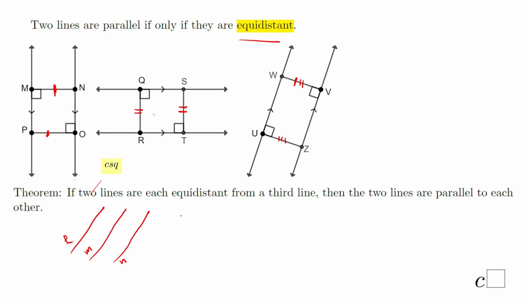So if L is parallel with N and L is parallel with M, let's say like that, then M and N are parallel. That's what this theorem says. And you can have all kinds of combinations, but that is pretty much what it says.